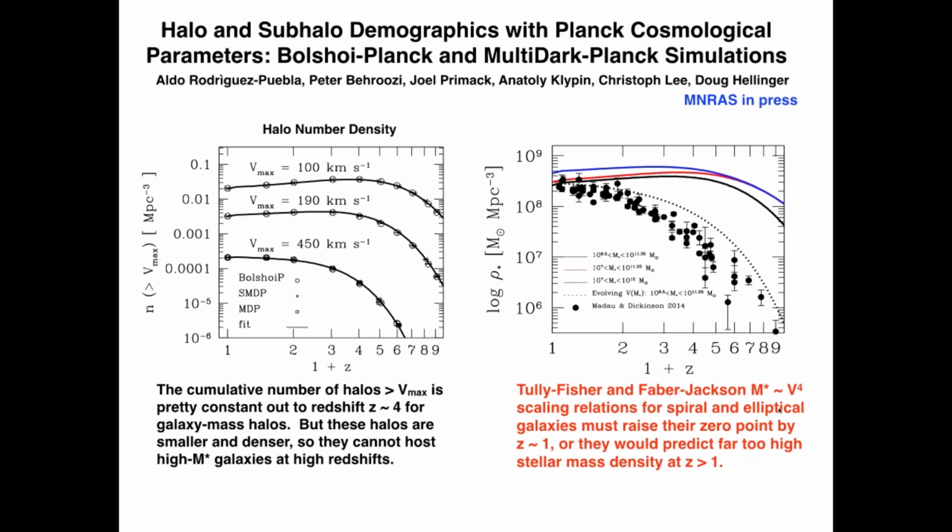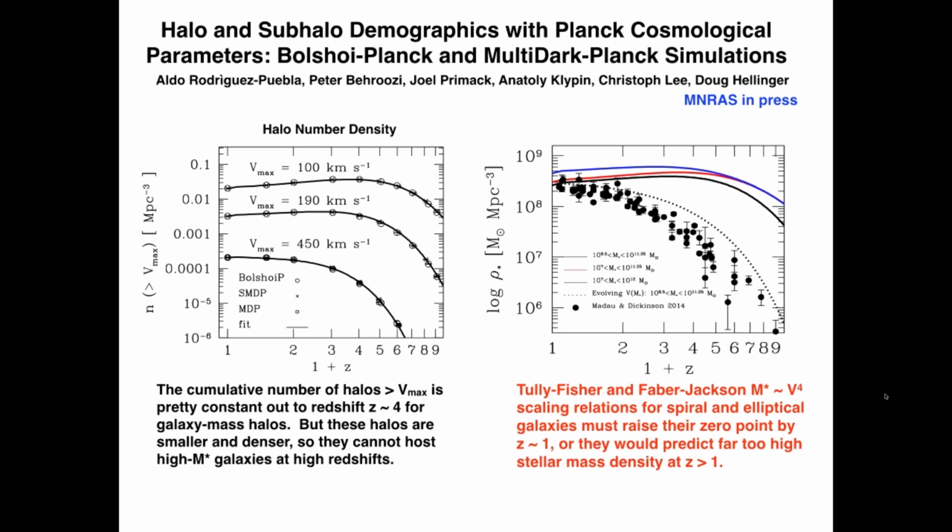So you can then use a halo number density to predict, assuming that these relations are the same at higher redshift as they are at redshift 0, the comoving stellar mass density of the universe, and you get those curves at the top. The blue, red, and black curves just result from making slightly different assumptions about the upper and lower limits of the stellar mass to which these rules would apply.